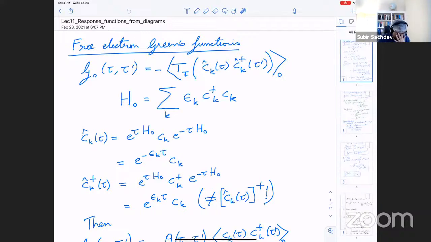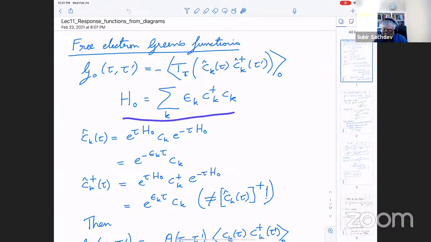The one thing I haven't computed yet, and perhaps I should have done it earlier, is the basic contraction, which is G naught. What we have to evaluate from first principles: you take a free electron Hamiltonian with momentum eigenstates and some arbitrary dispersion E of k, sum of E of k, C dagger k C k. I have ignored spin here.